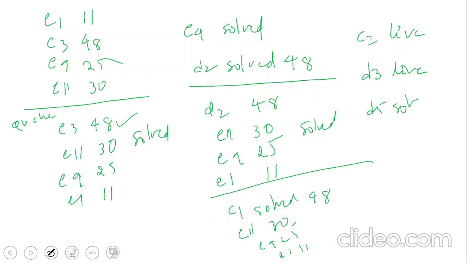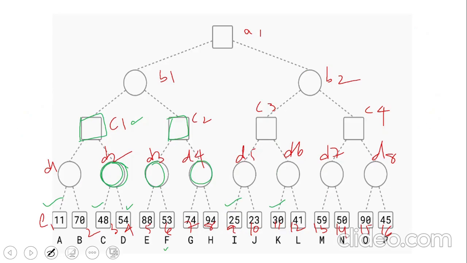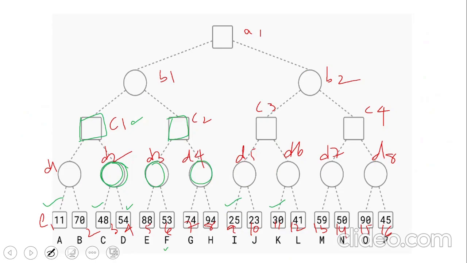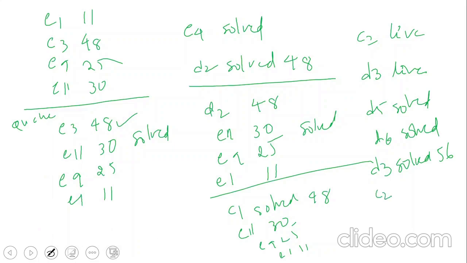D5 will be solved and D6 will be solved, and then D3 becomes solved with a value of 53. When both nodes are solved for a minimum node, D3 is solved. When D3 is solved, C2 becomes solved, because any one node of a maximum node is enough.